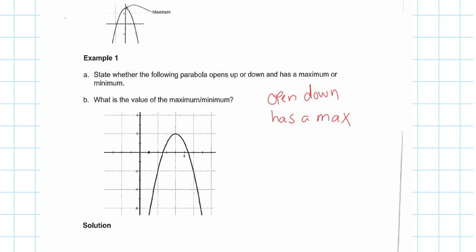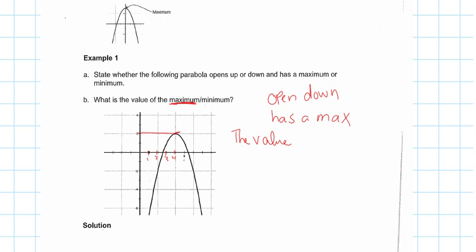This point right here, I think that's 1, 2, 3, 4, 5. And then that's 2. So what's my point here? 4, 5. So the maximum point, if I'm looking only for the value of the maximum, I'm going to say y equals 2 because I'm looking for the y value.